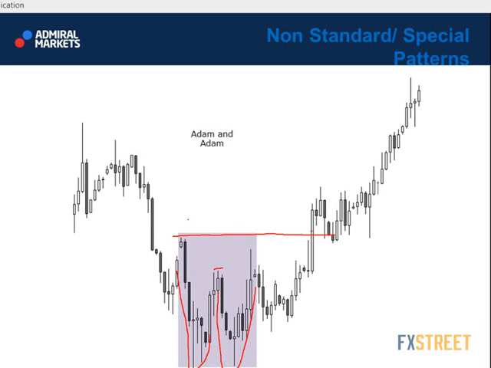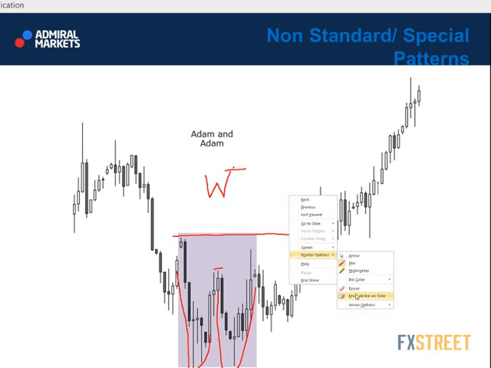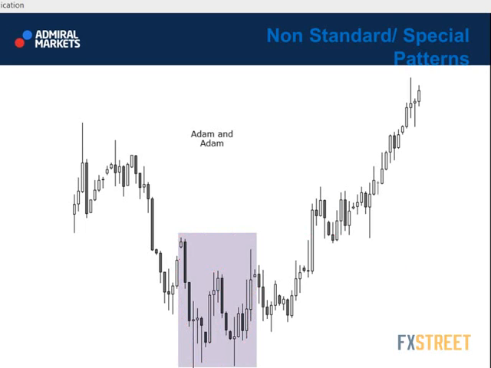Then again, if you see, for example, Adam and Adam like this, so obviously this is the top and you trade it here. But usually on Adam and Adam, valleys will look pretty much similar. Look at this. So bottom and top would be pretty much close. And these two valleys look the same. Okay?